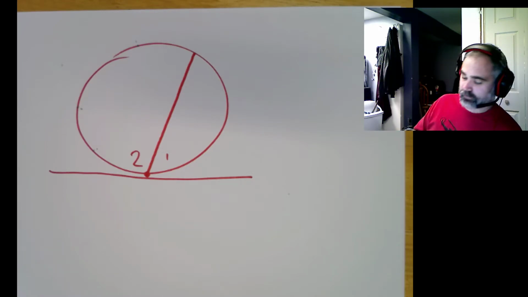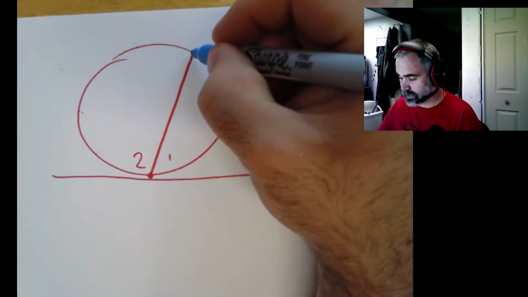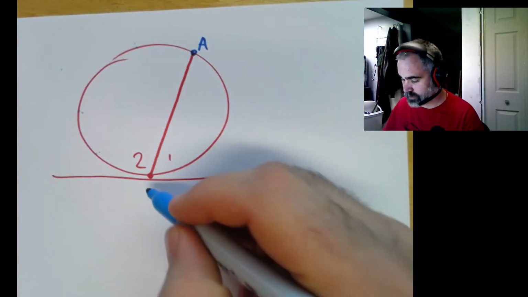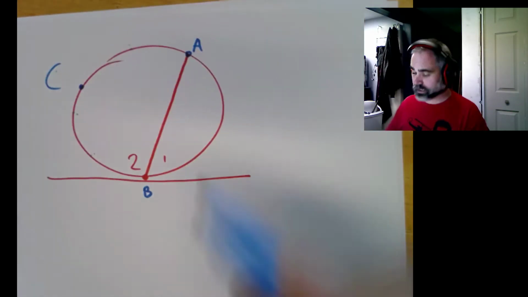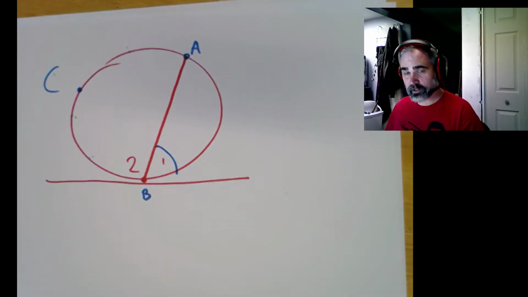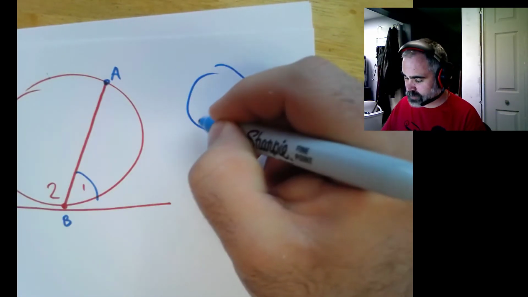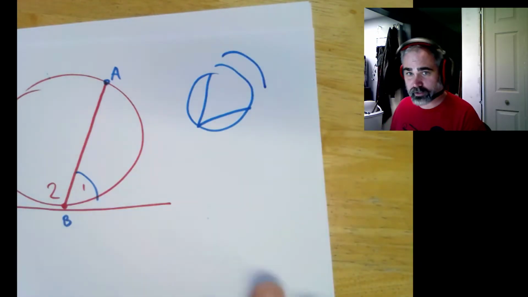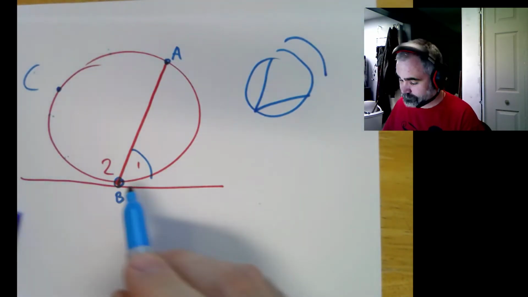All right. Hopefully you figured this one out. I'm going to go ahead and put some letters in here. But if I want to find angle 1, what you have to realize here is that last time we talked about inscribed angles. Remember, inscribed angles are going to be half of the arc. This is actually a ninja inscribed angle.